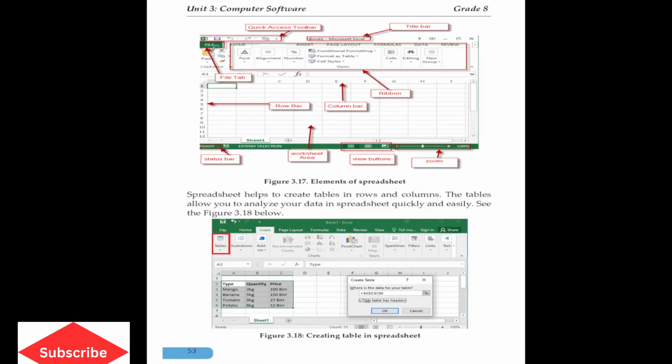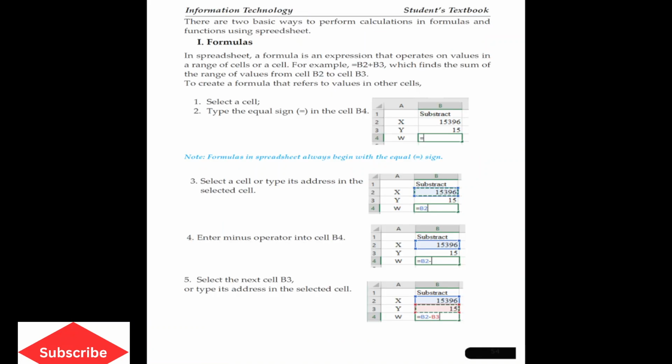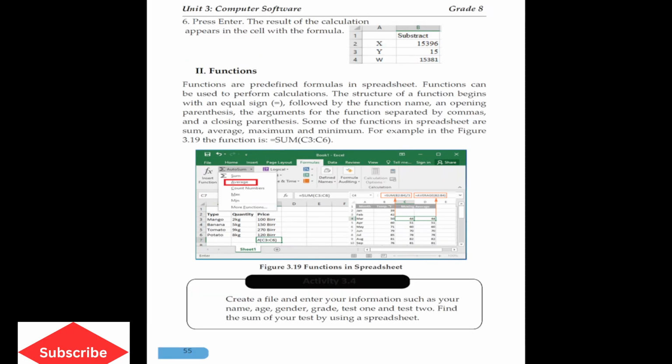Here, how can we calculate? For instance, type mango, quantity, price, it says. How can we perform such tasks? Using a formula. Let me demonstrate.